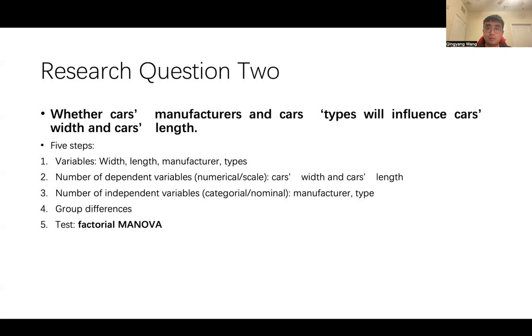Both of the two variables are scales. The next one is the independent variables, which are manufacturers and types. Both of them are nominal variables, which means that I have two scales and two nominals, and I determine the group differences. Based on that, we can say that it is the factorial MANOVA. It is the best way to analyze this question.